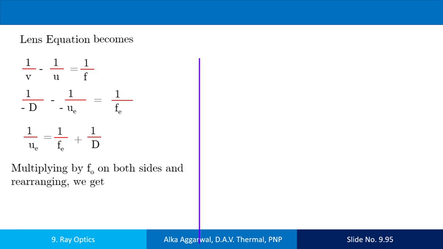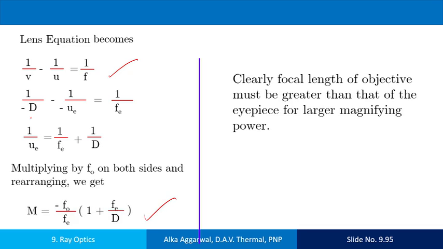As it is a lens equation, you know that 1/V_E minus 1/U_E equals 1/F_E, where F_E is the focal length of the eyepiece. Now it is 1 upon UE equals 1 upon FE plus 1 upon D. Multiplying by f naught on both sides and rearranging, we get this equation.